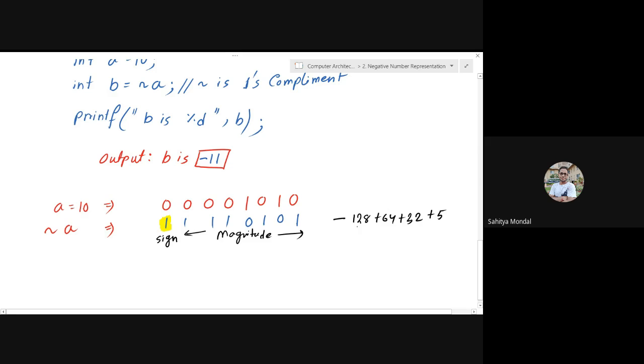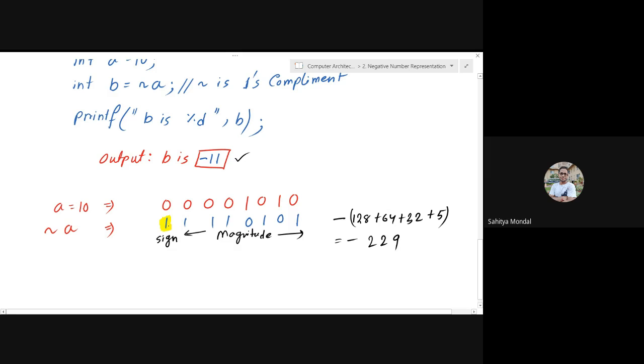Okay. So what will be the actual answer need to be shown? So 7, 11, 19. So this should be the answer, but why is it showing -11?